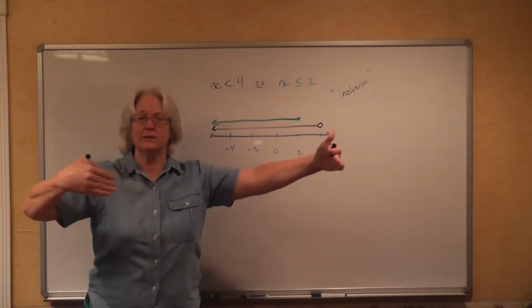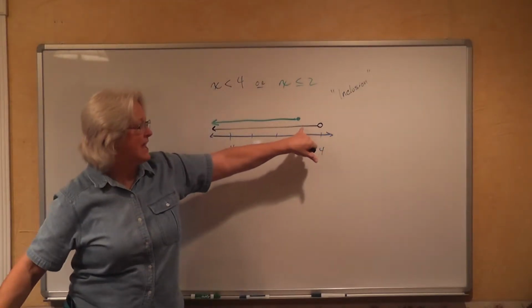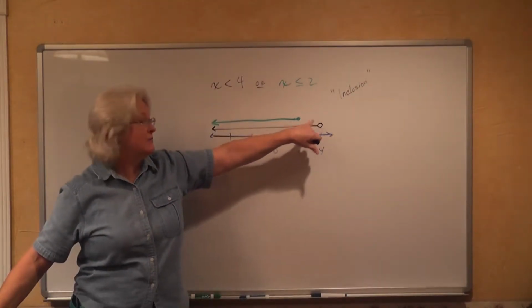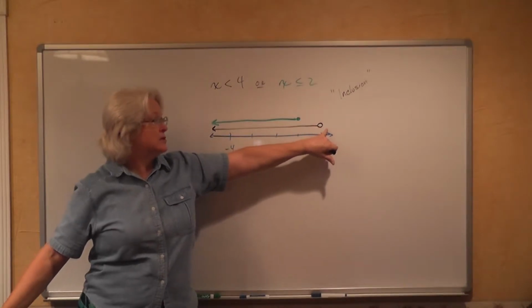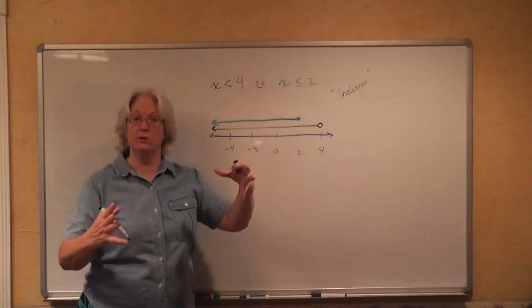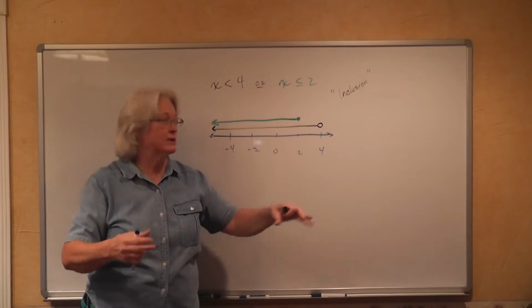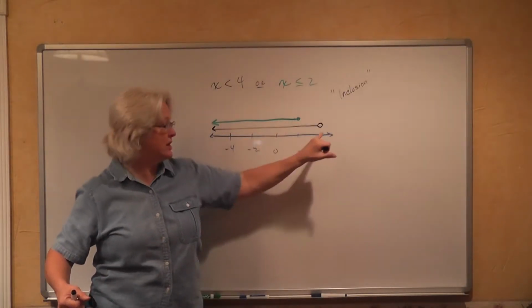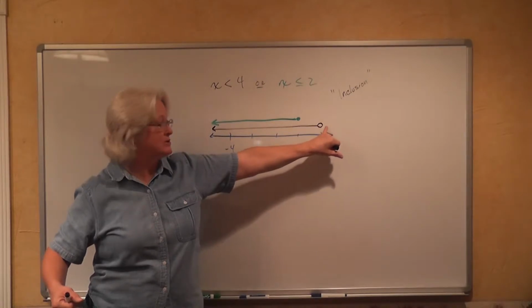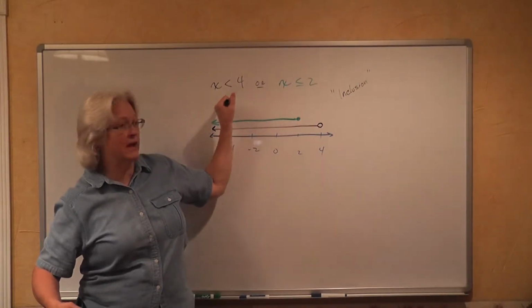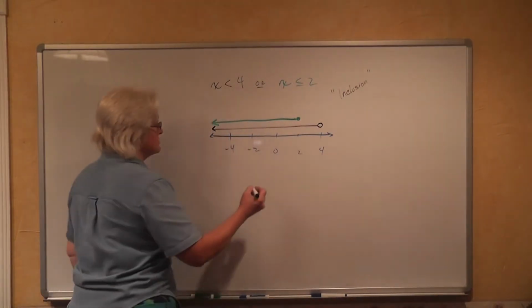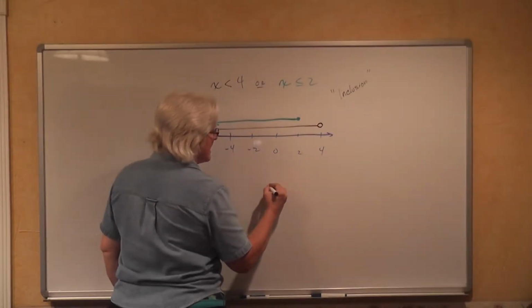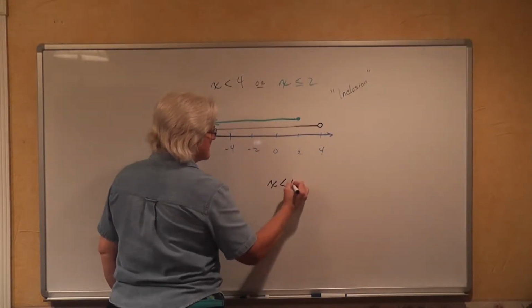So what's the biggest part? The solution doesn't have to be found in both areas. So what is the union, or how do we express every part here on the number line that's been shaded? Well, it's this one right here, isn't it? x less than 4. So our solution is x is less than 4.